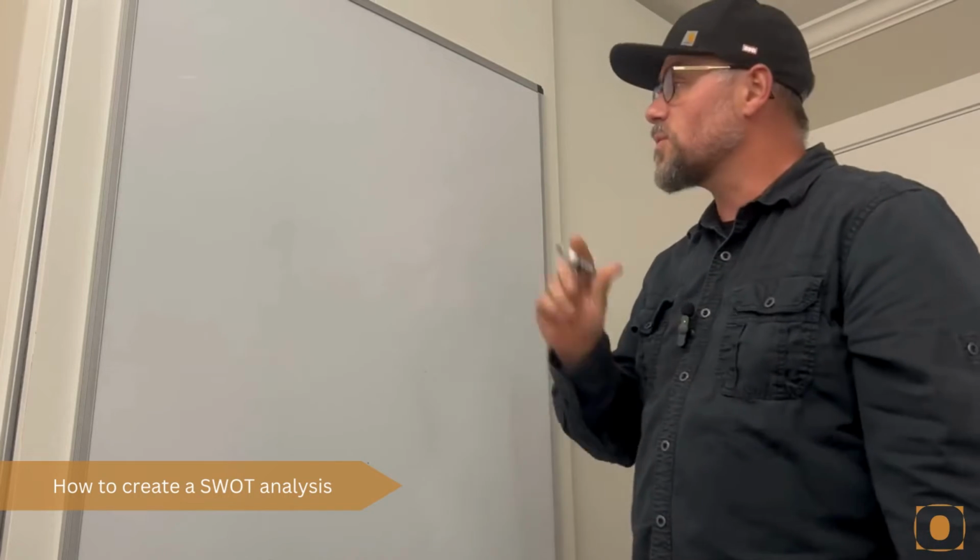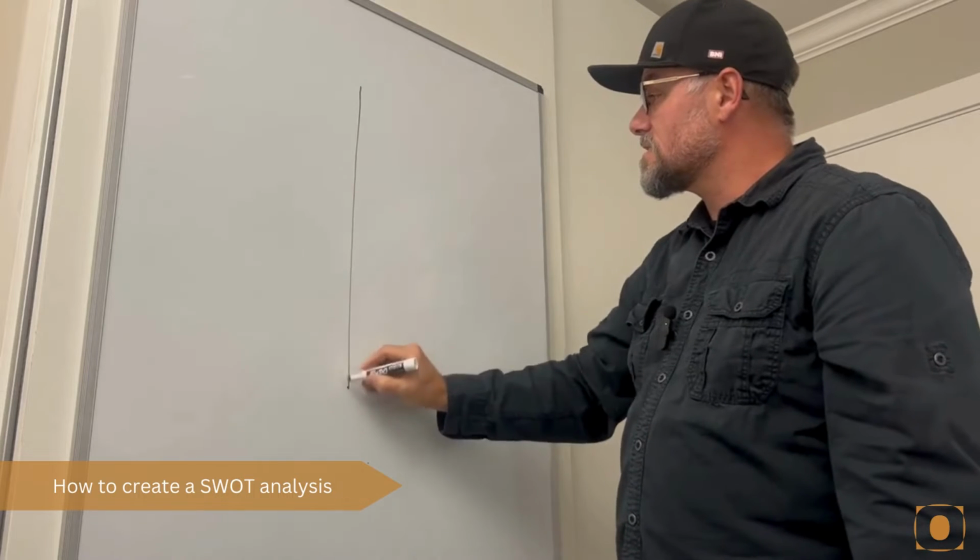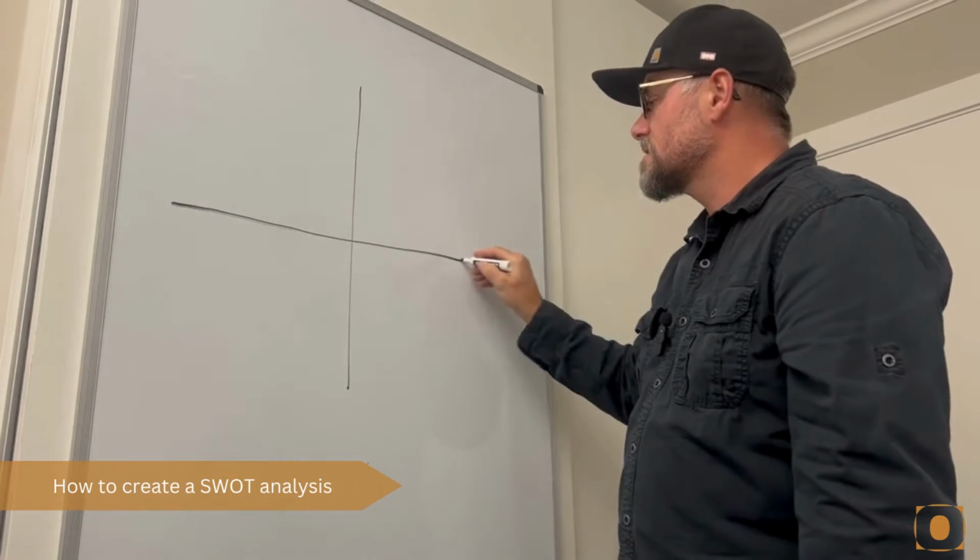Some of the best ways to really look at a SWOT analysis is with a big whiteboard and your entire leadership team or your staff with you, so that you can write down weaknesses, threats, opportunities, strengths, and you've got it all there, and you can start filling in the blanks so we can look at it. We can all analyze it. We all have input. So first of all, what I do is I draw just a simple graph like this.